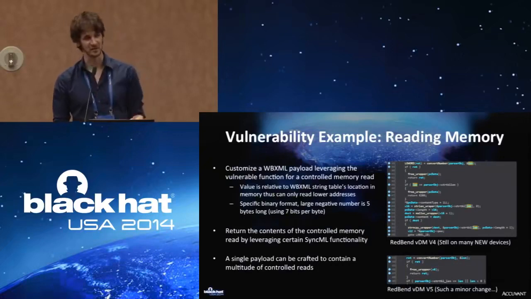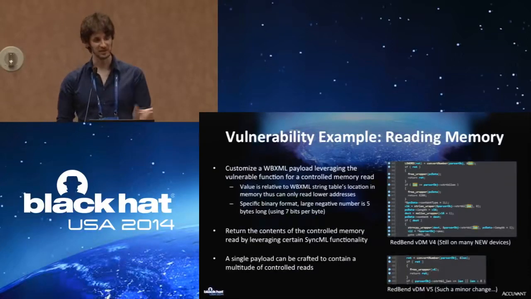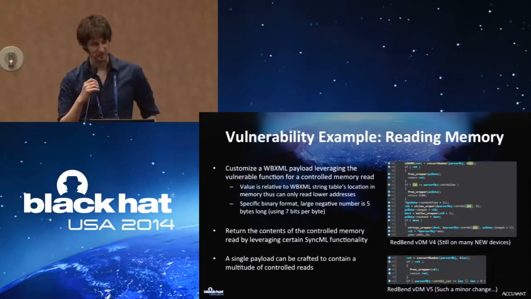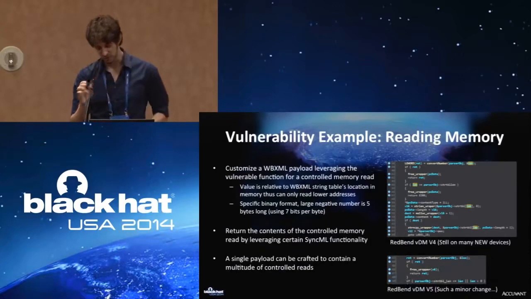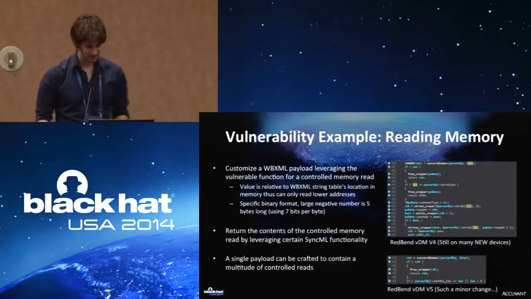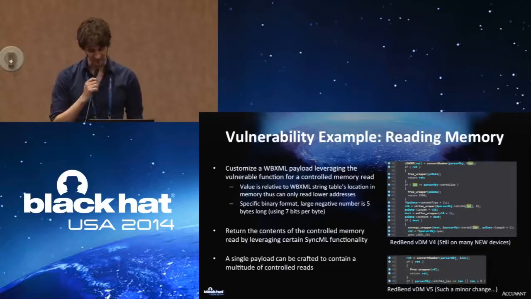So you basically just have a reference, an offset from the base of the string table to the string you want to use. Within this specific code, when they retrieve the number and you have a malicious payload, you can see an integer overflow in the middle of the function here. They don't verify if the number is negative, for example.